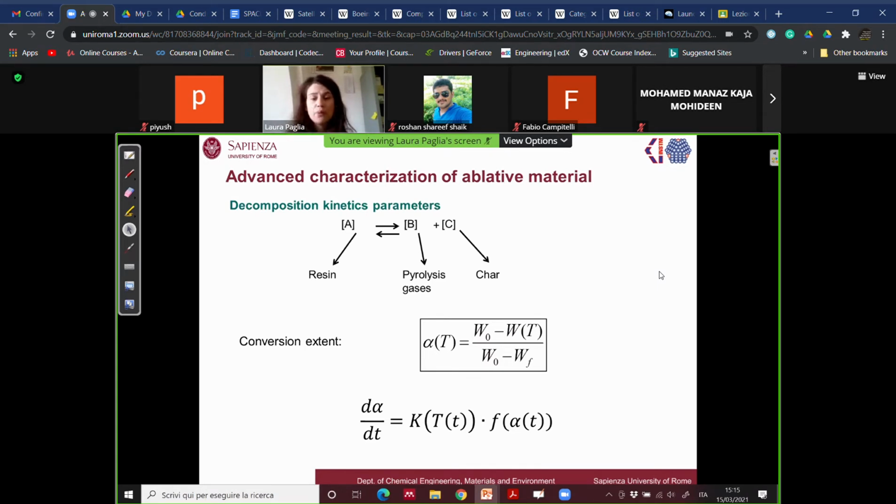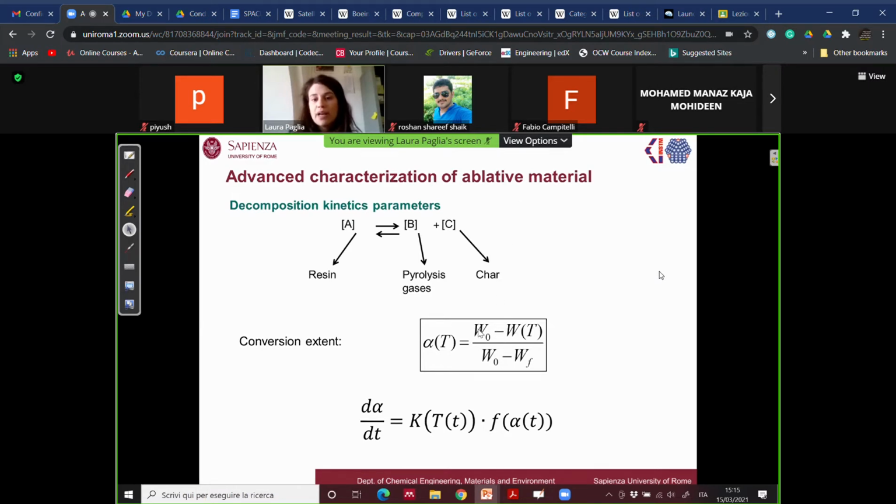In particular, we also defined the conversion extent. This parameter is very important because it is very easy to manage: alpha is equal to 0 at the beginning of the reaction, and it is equal to 1 at the end of the reaction. In fact, what does it mean?